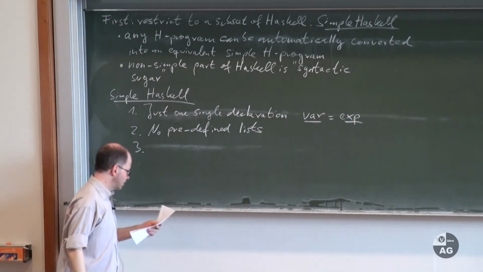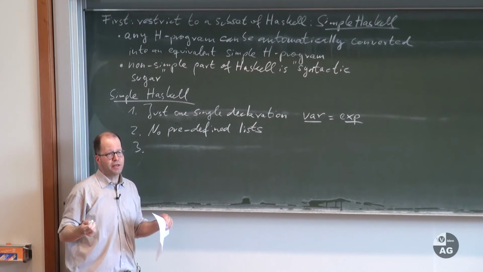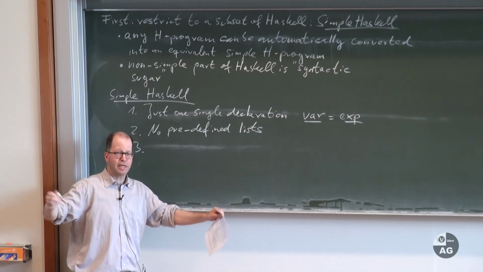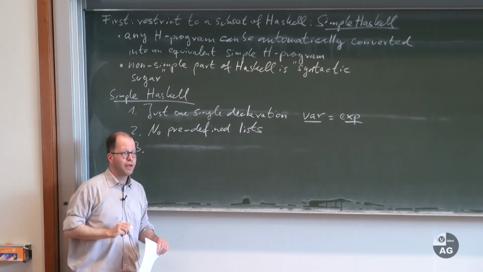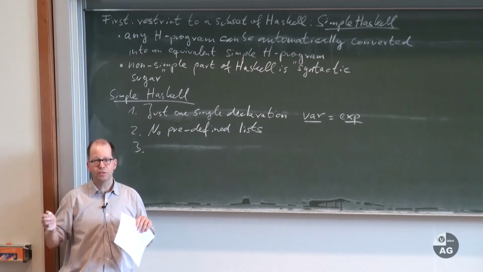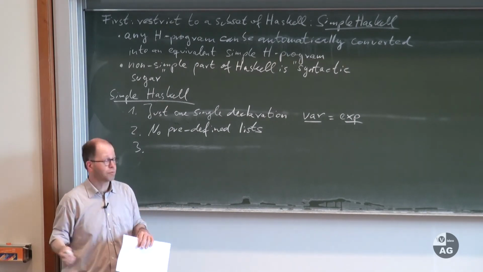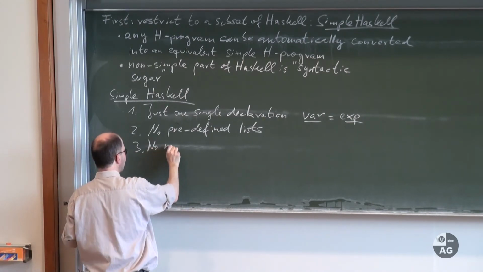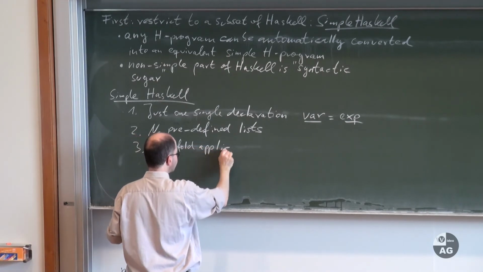The next restriction is if you apply one expression to another, you can normally do this with n expressions. So the first expression is applied to the second, the result is applied to the third, the result is applied to the fourth, and so on. And we only want to have expressions consisting of 2 components where one expression is applied to the second one. So no n-fold application of expressions.